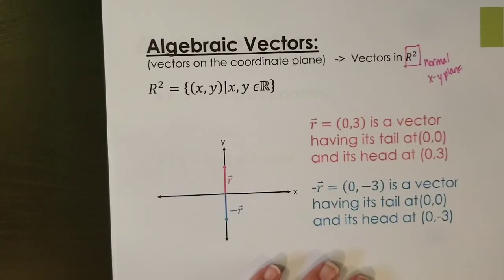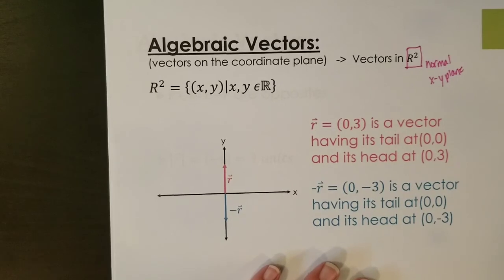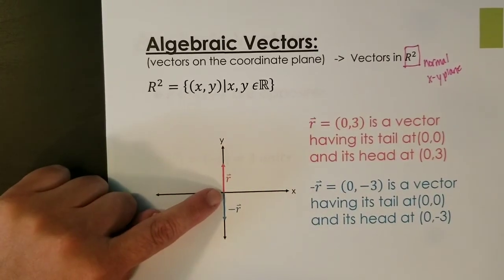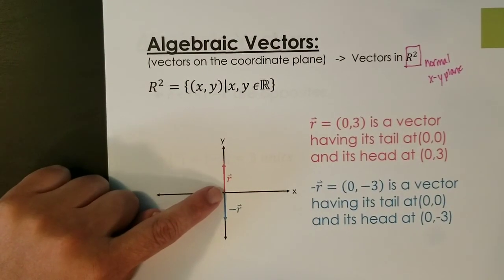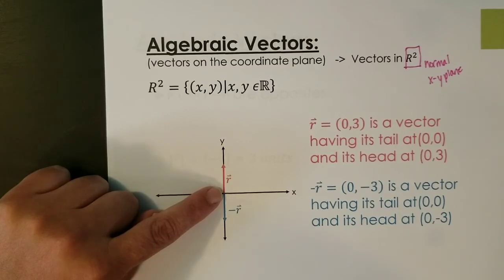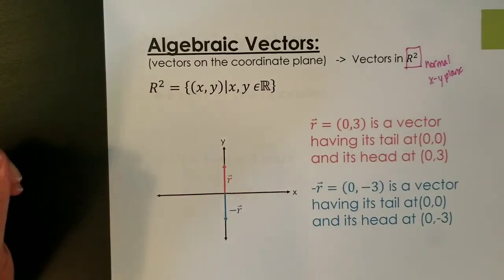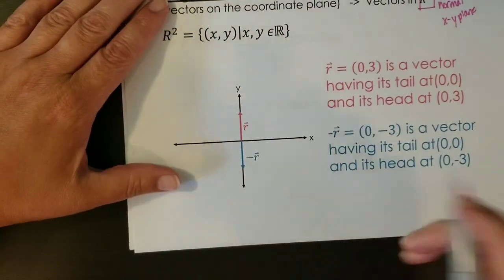When we talk about vectors on the coordinate plane, we're always going to orient them to start at the origin. Now this is a really important thing, and I'm going to harp on this quite a lot.